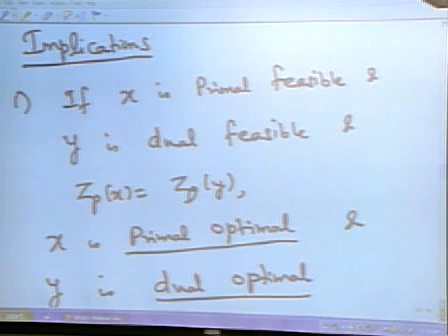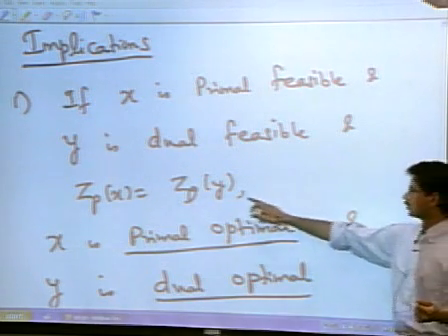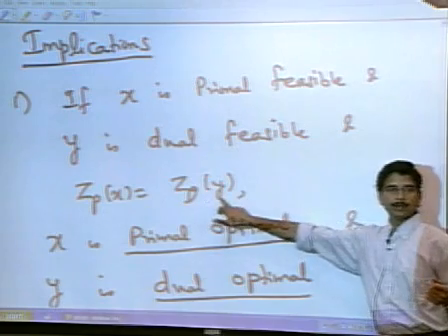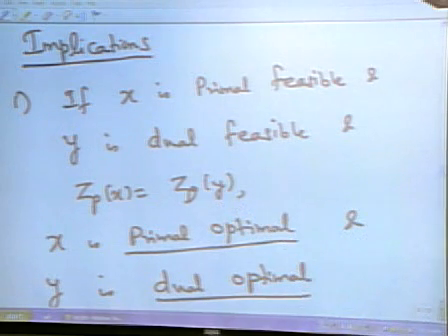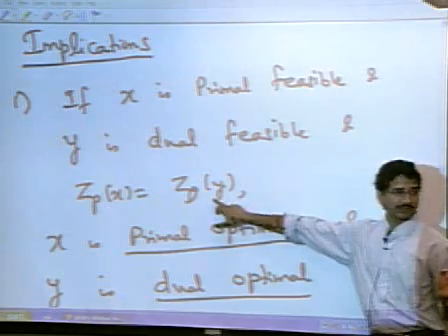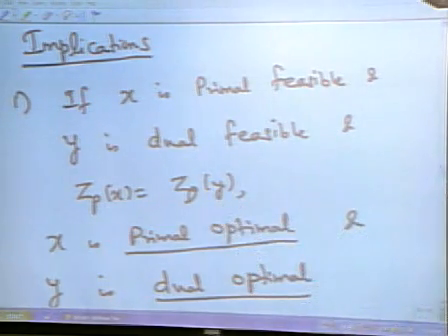Because the fact that you found a feasible solution to the dual with this value means that this value is an upper bound on the primal objective value. So imagine that this quantity is 25. What that is saying is no solution to the primal problem can have value more than 25.